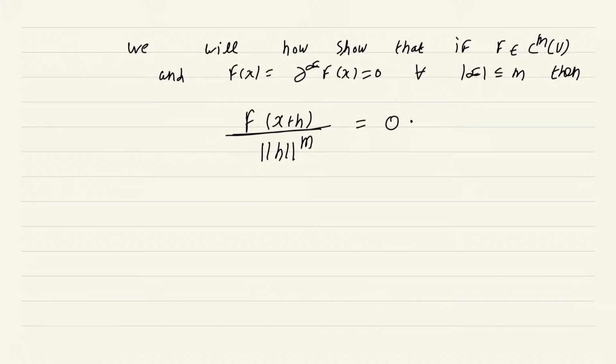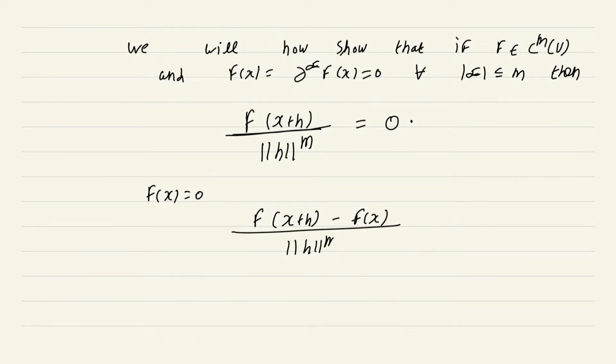So our hypothesis involves f of x equal to 0, so the numerator can be written as f of x plus h minus f of x by norm h to the m.